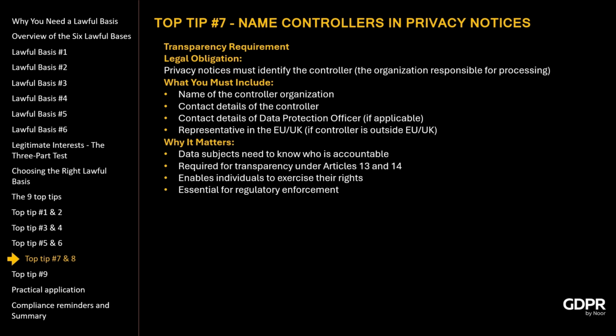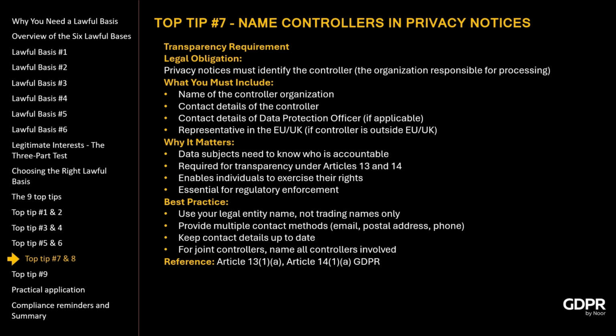Why does this matter? Because individuals need to know who is accountable for their data, who to contact to exercise their rights, and who regulators can hold responsible. Articles 13 and 14 make this a transparency requirement. Best practices: use the full legal name, provide multiple contact methods, keep details up to date, and if you are a joint controller, name all controllers involved.